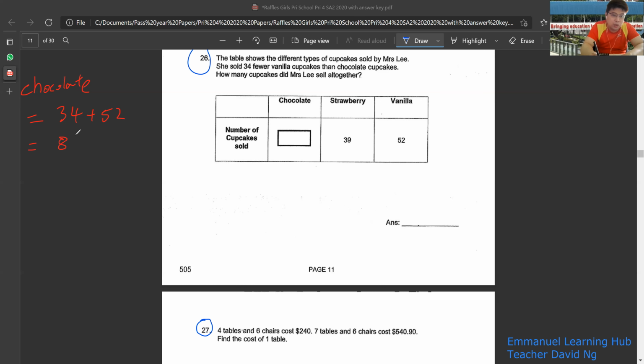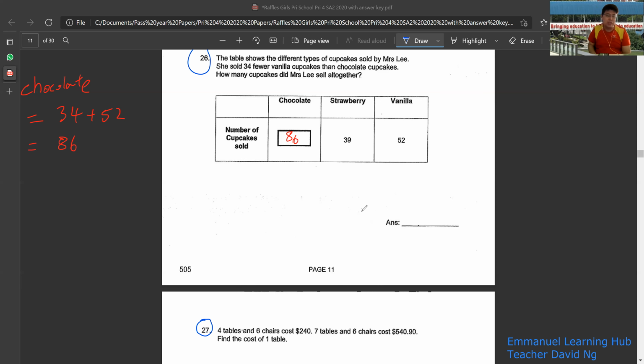86. Good. So how many cupcakes did she sell altogether? What must you do? Plus everything together. So the answer is 86 plus 52 plus 39.